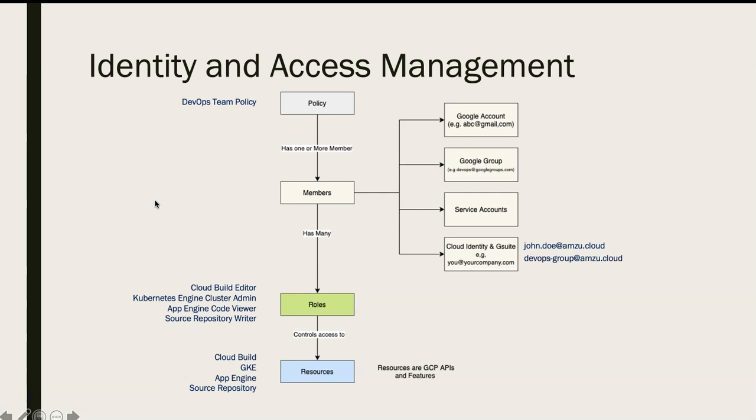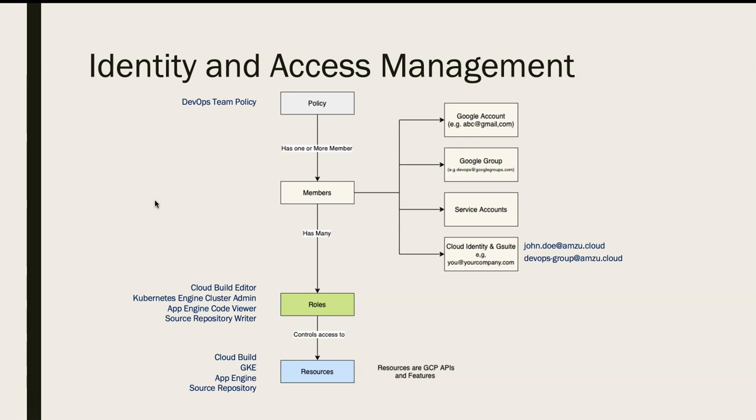Here is a quick example of what a policy is. For example, in a DevOps team policy, I can have a person in my company like john.doe@amazon.cloud, or a group, DevOps-group at amazon.cloud, which is connected to GCP via Cloud Identity, or I've been using G Suite for managing my entire fleet of employees, and they'll be given different roles.